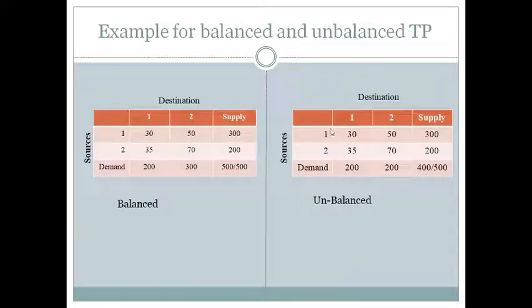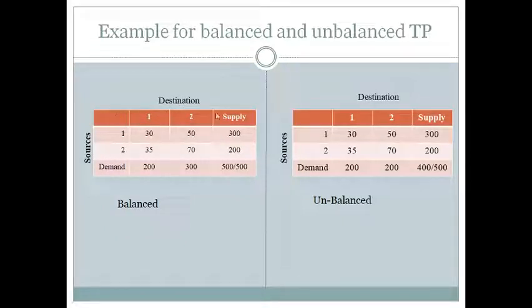Here we have an example of balanced and unbalanced. The first one is the example for balanced. This is the cost matrix we are looking at. On the left side we have sources 1 and 2, and the destinations at the top.